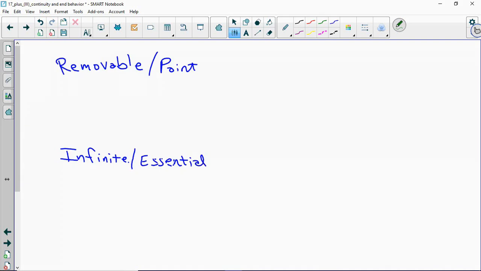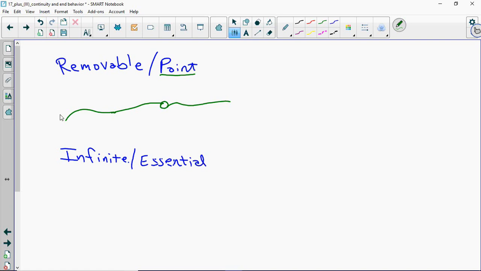Okay, so what do they mean? Well, graphically, the removable or point discontinuity means that in our graph, we've got a single point which is missing, and it'll be indicated in a picture like that. So there'll be like a circle that's not filled in. That's where we get the name point discontinuity from, because it's just a single point that is missing.